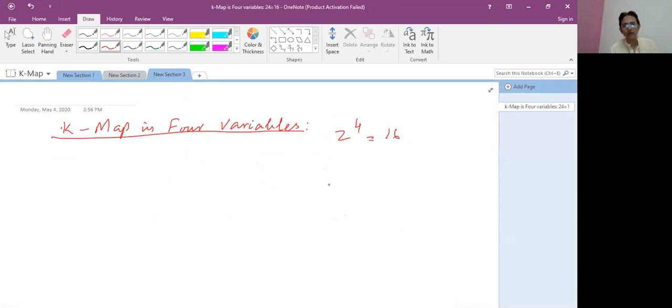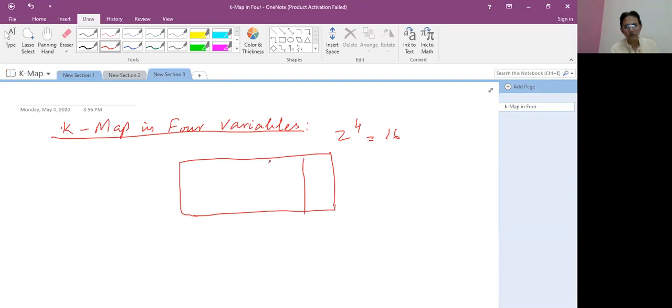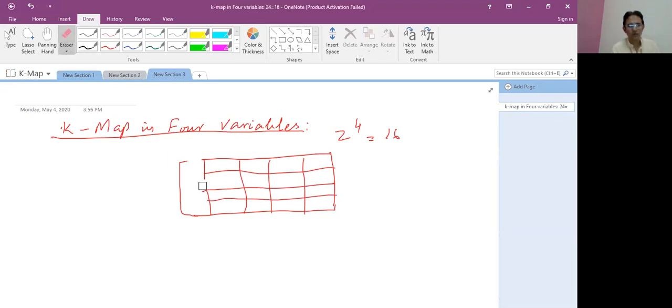It means we will make 16 squares. So there are 16 squares.